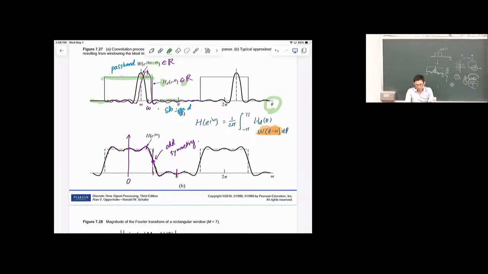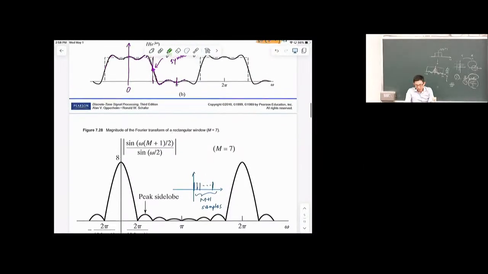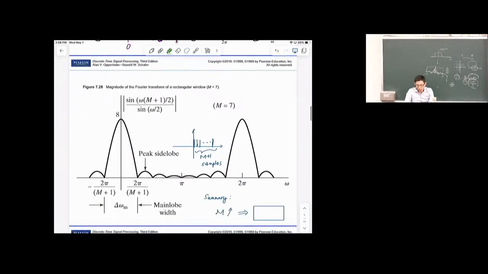So next, a few more words about the Fourier transform of this window, okay? Remember that our window is the rectangular window, right? So w of n, in this case, in the textbook, is discussed after shifting, okay?